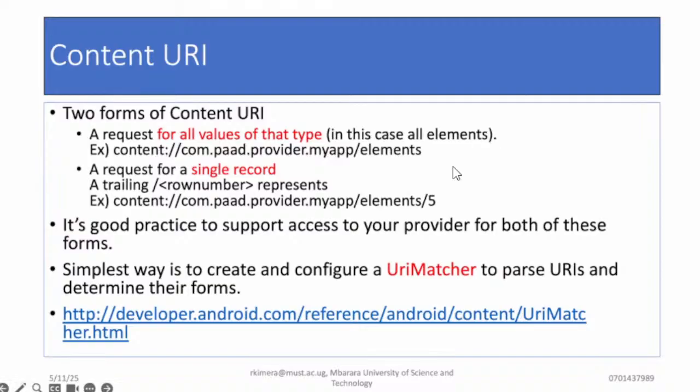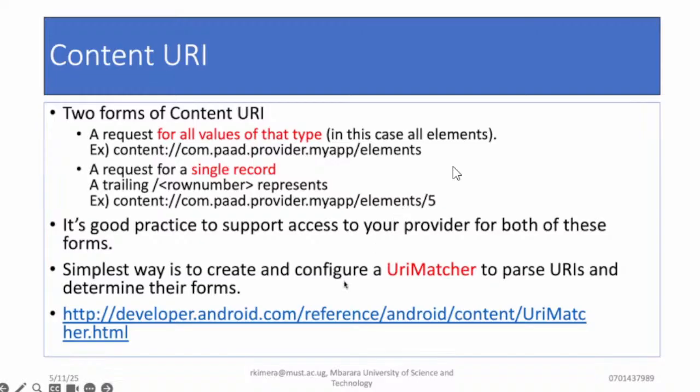Because 5 is the identifier. If you're using phone numbers as identifiers, then you can specify a specific phone number to get a specific record. It's good practice to support access to your provider for both of these forms, that is, both all records or one specific record.